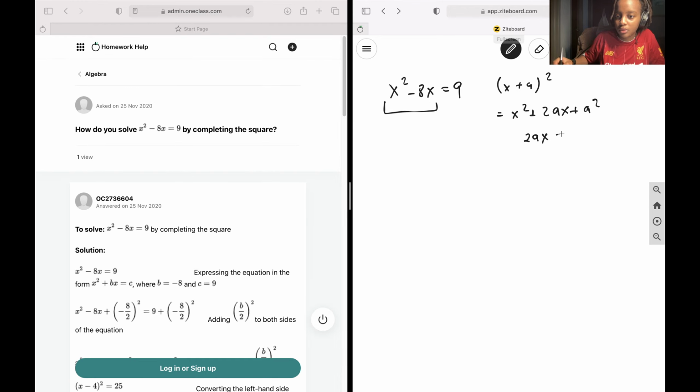And so if we want to write this side of the equation as x minus 4 squared, we're going to have to subtract 16 from both sides, and so that would mean subtracting 16 from here. And so that becomes x minus 4 squared minus 16 equals 9. And so we just take over the 16.